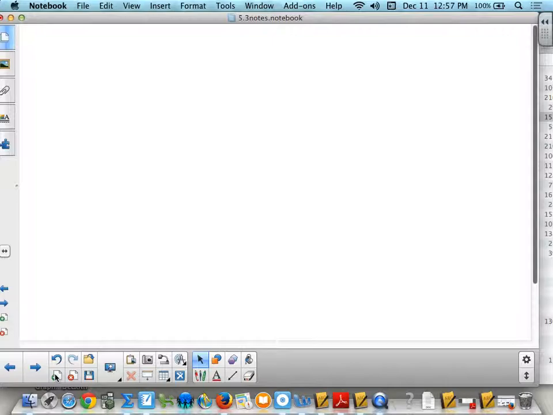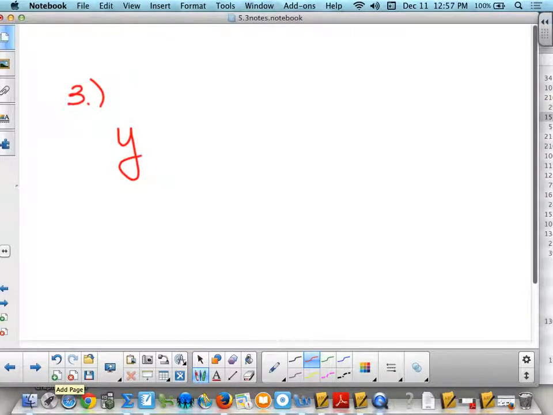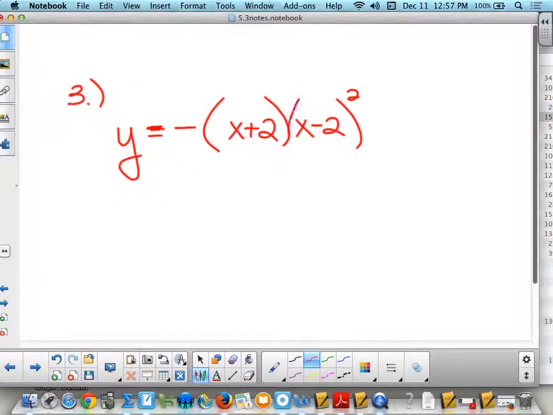I'll turn that light off so you can see a little better when I write the equation. Number 3.